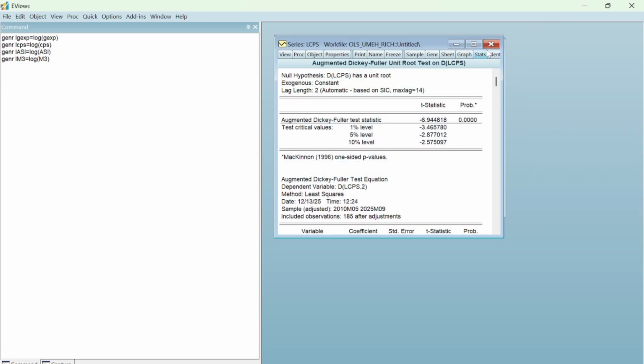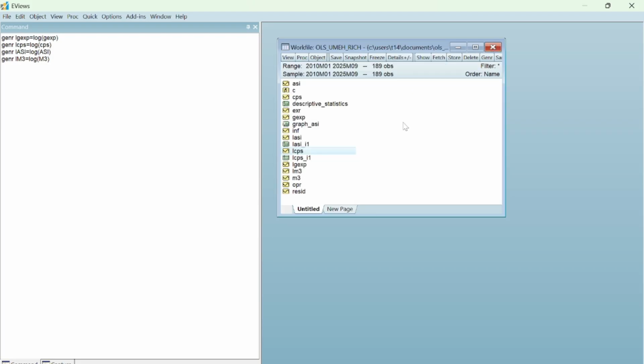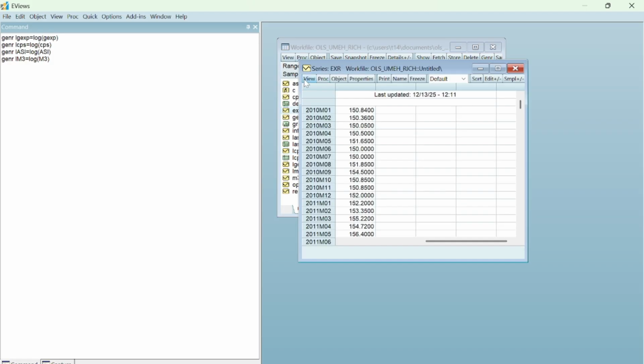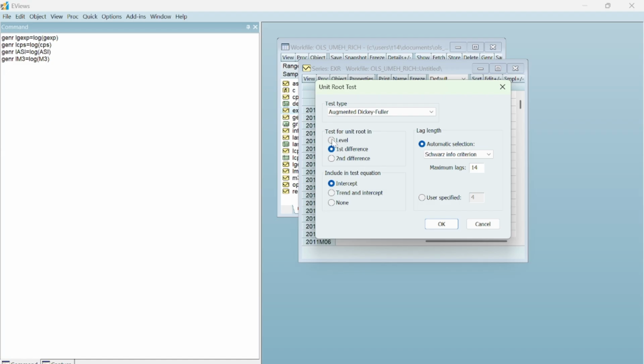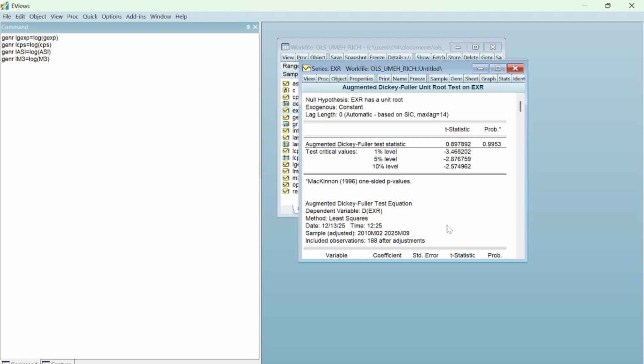That's it. And the next one, which one do we have to check next? Exchange rates. We didn't log it, so you go to view, unit root test, and you check unit root test at level. When you click on it, you can see if it is significant or not.